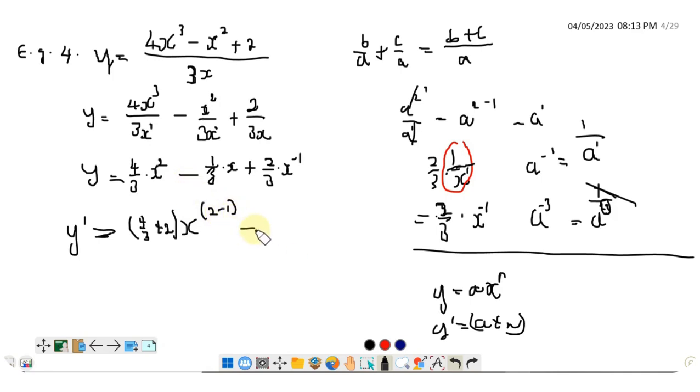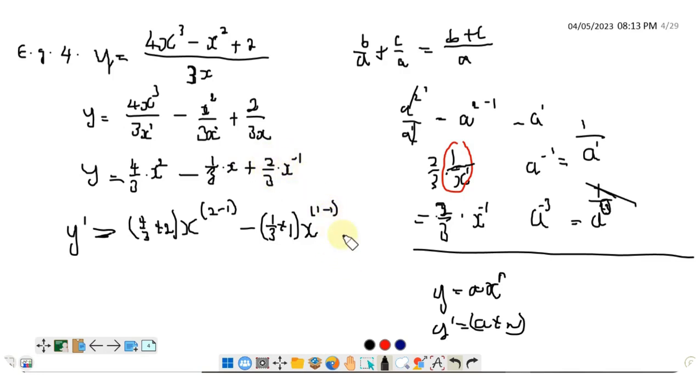Then you say minus, then we come to the next one, we do the same thing. 1 over 3 times the power here is 1. It's going to be 1 over 3 times 1. Then you say x, and then n minus 1. N is 1 here, so 1 minus 1. There we go.